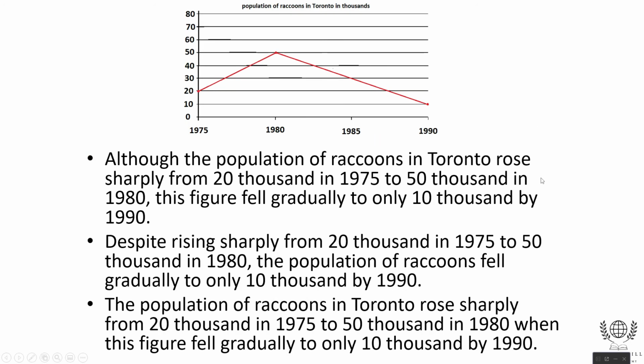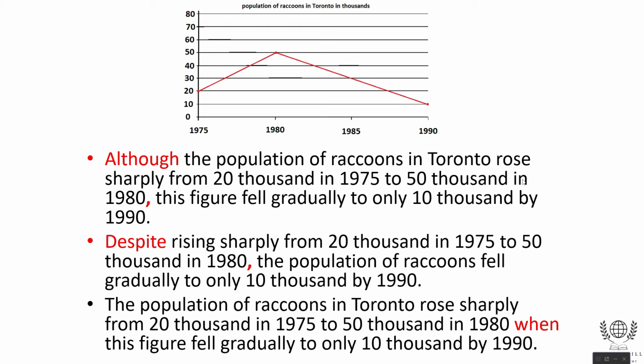Okay? So again, we're comparing 3 structures: although, despite, and when. All 3 of these subordinations can be used to describe complex trends using just one sentence. Okay? Be careful also with your punctuation. Like all subordinations, when you're starting a sentence with although, despite, if, when, or because, you must put a comma between the dependent and independent clause.